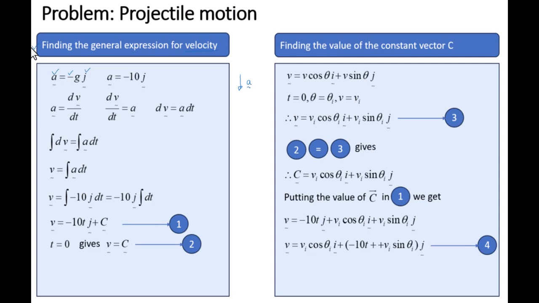j is a unit vector along the y-axis, so minus j will be in the negative y direction, and the magnitude will be given by g. The value of g will be 10 meters per second squared, and therefore the vector a will be equal to minus 10 times the vector j.